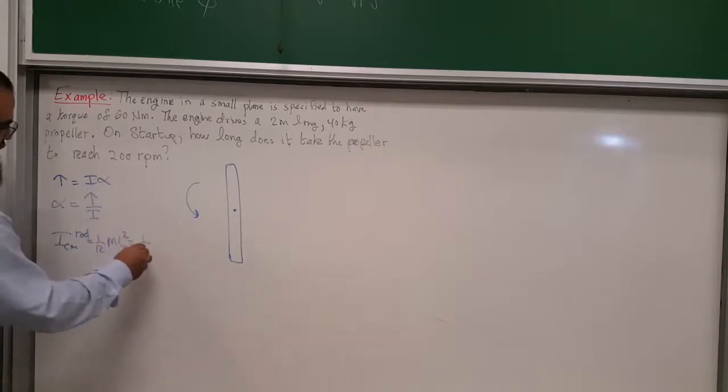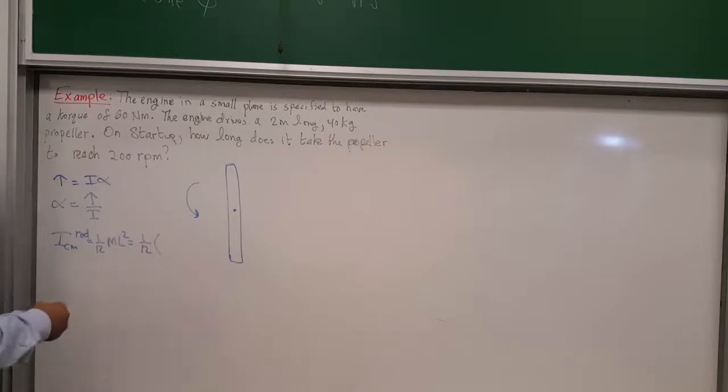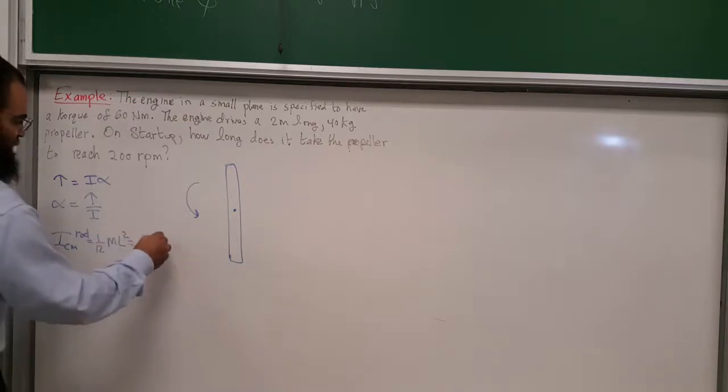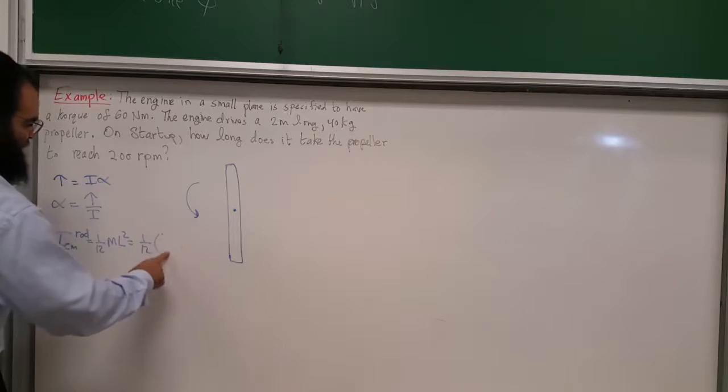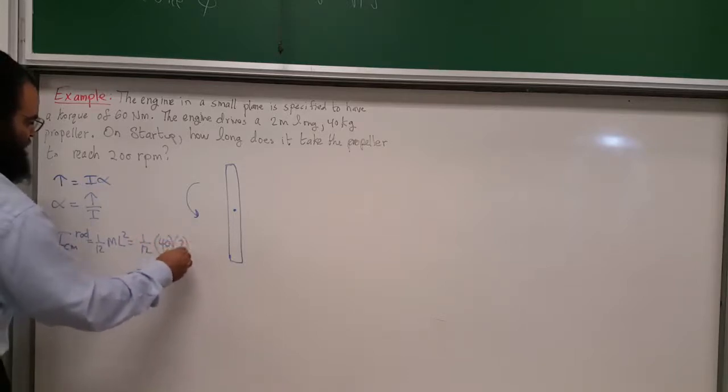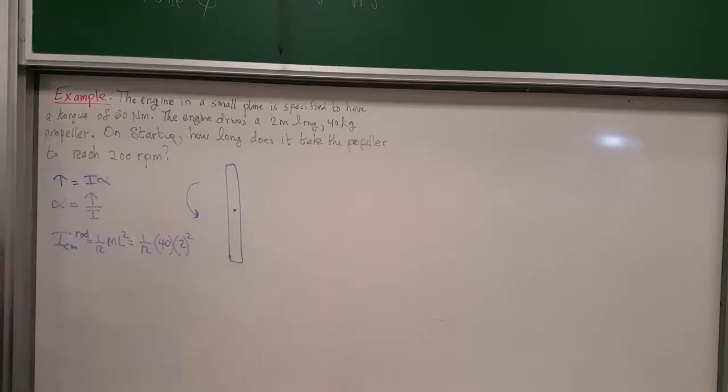So I have 1/12, and then it's a 2-meter long, 40 kilogram propeller. So 2 meters, and then it's 40. So ML squared: the mass is 40 kilograms, and L is 2, and we need to square it.